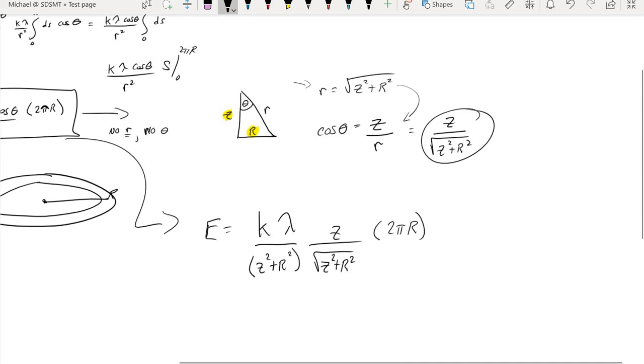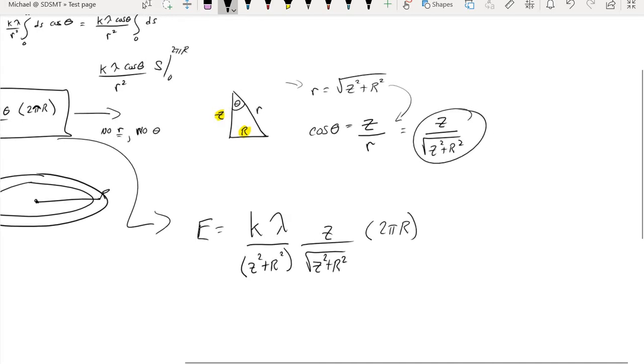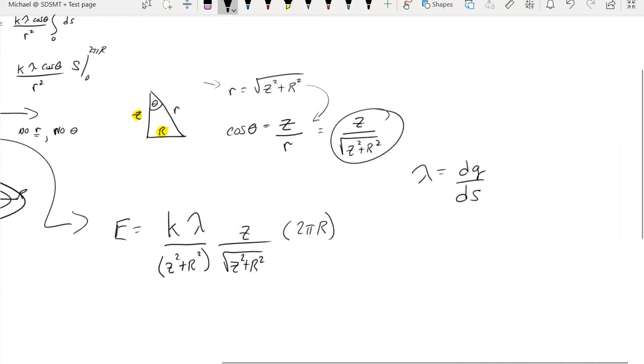Another thing that I would like to do before we start cleaning anything up. Now that we're done with the integration process, we can come back and revisit lambda. Before we integrated everything, we said lambda was the ratio of charge per unit length for all the infinitesimal pieces, but now that we've added everything up, we can say that lambda is equal to the total charge of the ring divided by the total length of the ring. And the total length of the ring is the circumference of the ring.